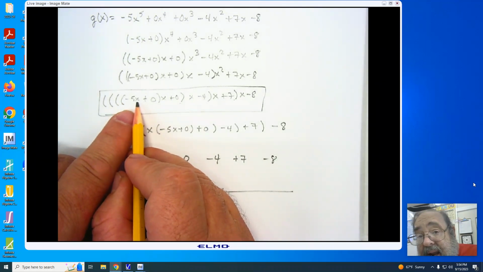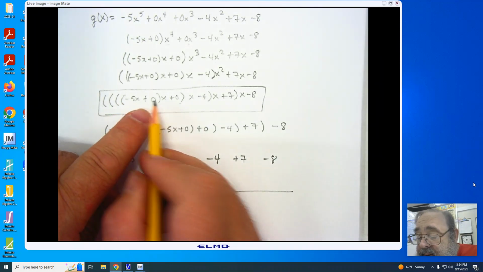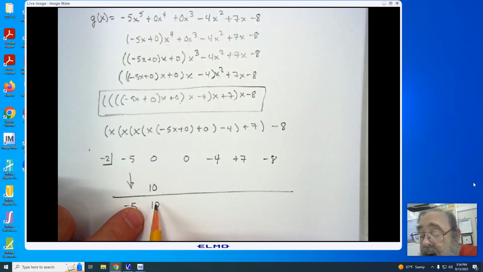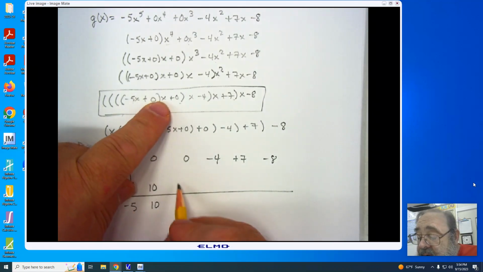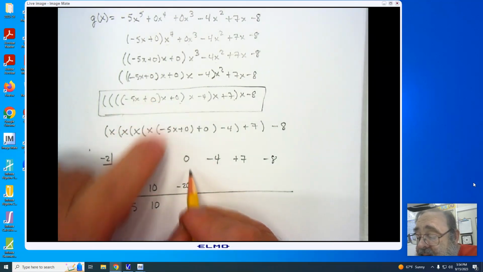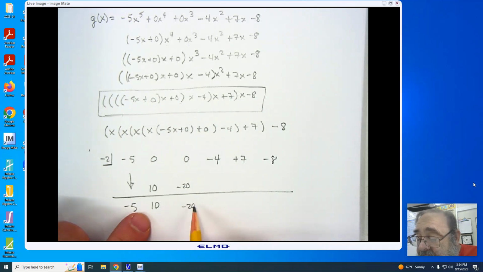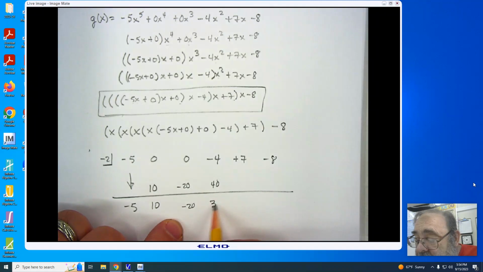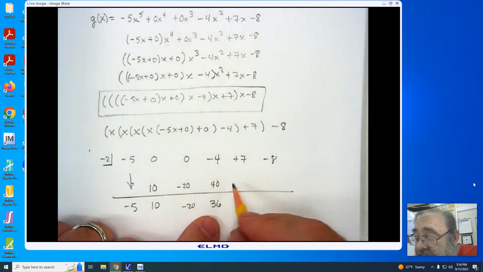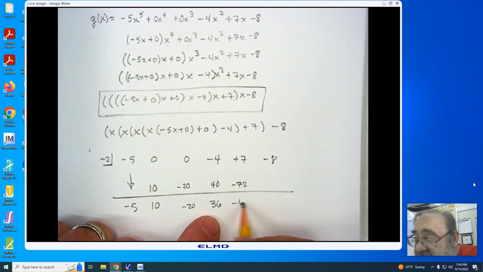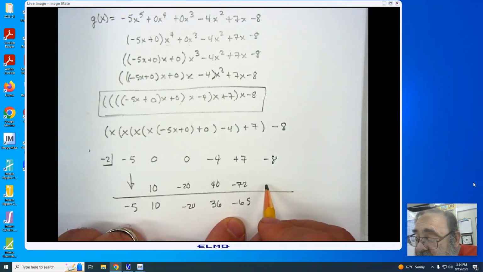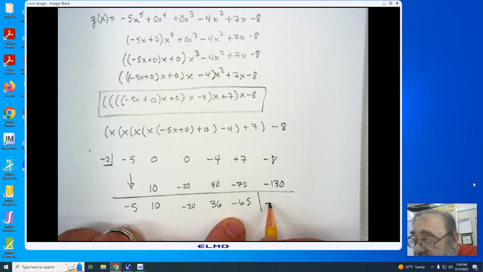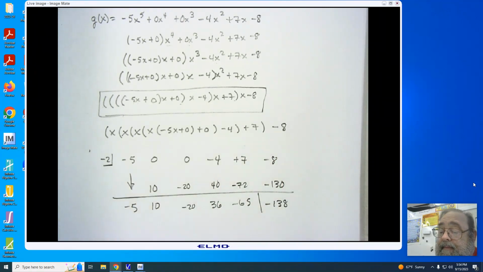Negative 2 times negative 5 is 10, plus 0 makes 10. We multiply by the negative 2, and we get negative 20, and we add the 0, giving me negative 20. Multiplying gives me a positive 40, adding gives me 36. Multiplying gives me negative 72, adding gives me negative 65. Multiplying gives me positive 130, plus the negative 8 for 122.